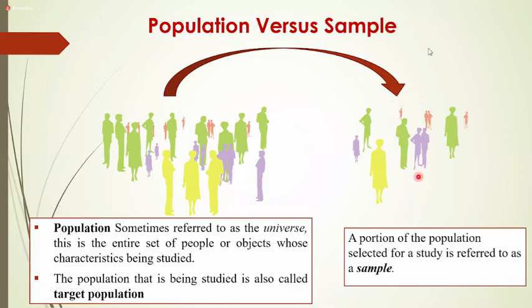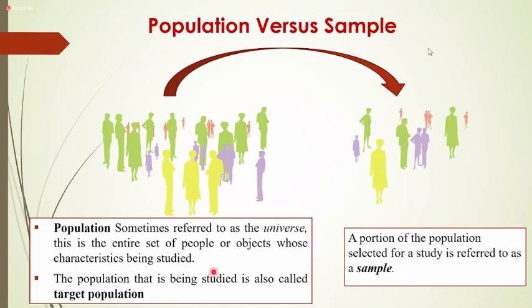Accordingly, the population is the entire set of people or objects whose characteristics are being studied. This is the main word, the entire set. It may be people or it may be objects whose characteristics are being studied.